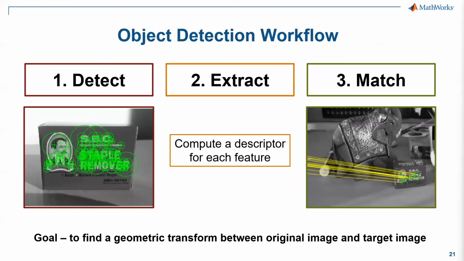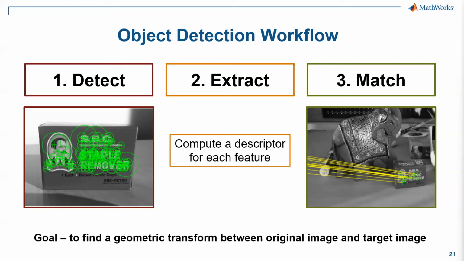Now, in order to detect an object, you must follow a three-step process where you first detect features, second, extract features, and third, match features. Detecting features means you select regions of an image with unique content. This gives us locations where important content may exist.